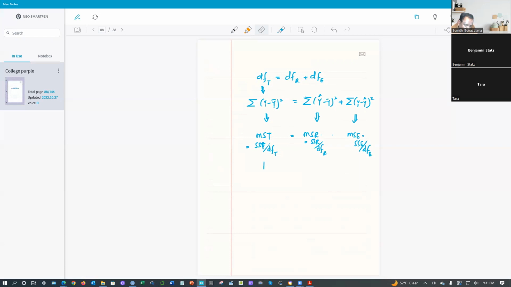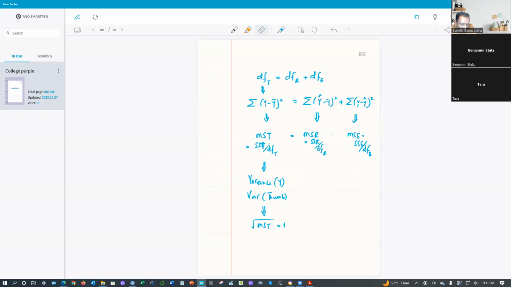You go further down this one. This is nothing but whose variance? Variance of y. That's another way we can call the variance of thumb length. You go further down a little bit. I'm going to take the square root of mean square total.